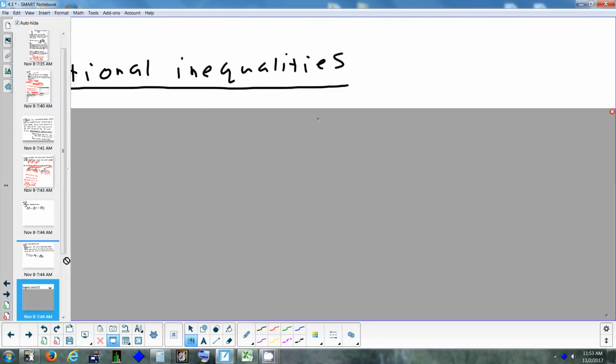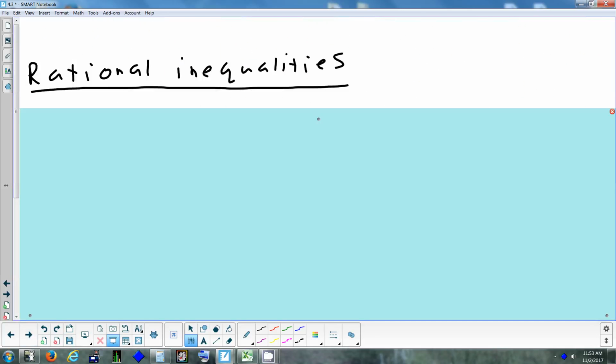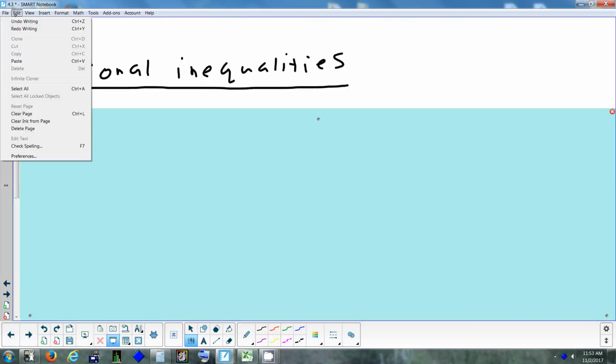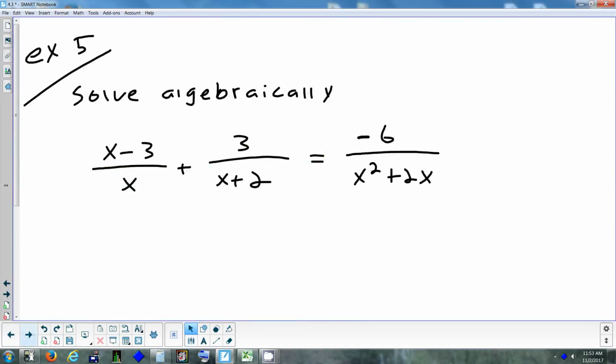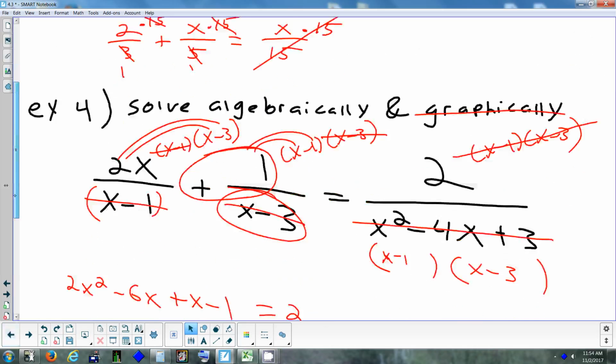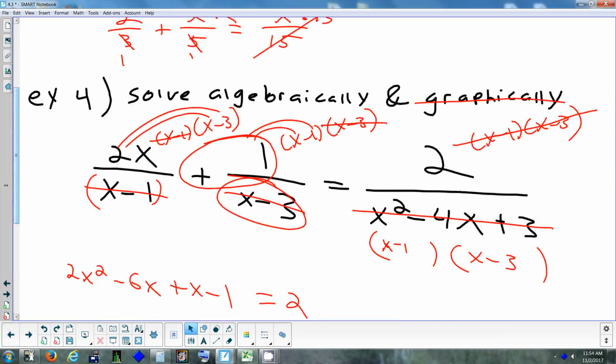All right, so let's try the one I just had on the board that I deleted. Just to compare it to the last one we just did, it's pretty much the same setup.